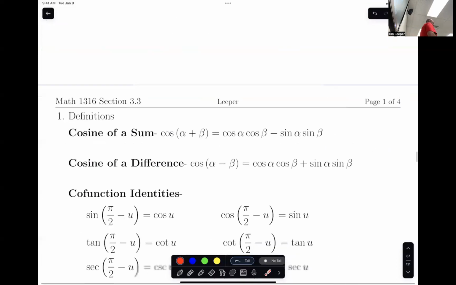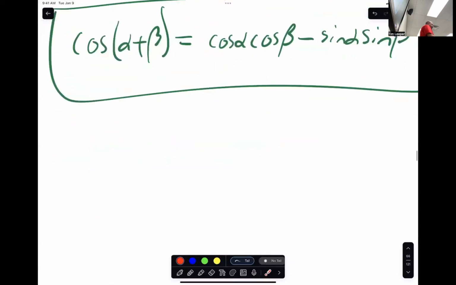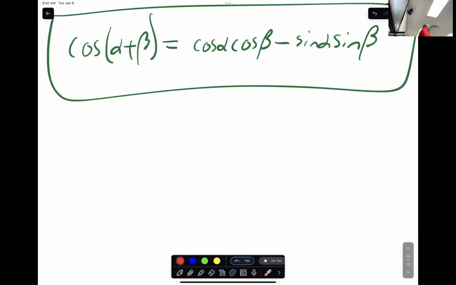There's also a cosine of a difference formula. Now, I can get there from this formula itself. Here's how. Instead of using beta, I can use a negative beta instead.